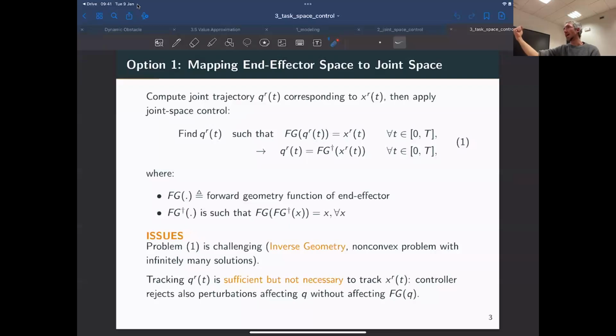Like for instance, my hand can be in this position, but my arm can move. If I pre-compute a reference joint configuration and I track that, I lose this extra freedom, which I could use to reject perturbation or to minimize the energy consumption and so on and so forth. So I'm also losing something in terms of the control freedom.